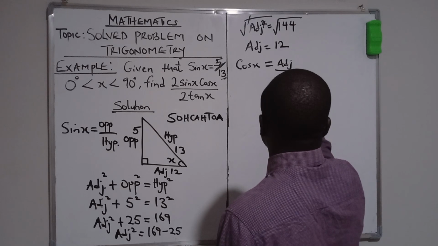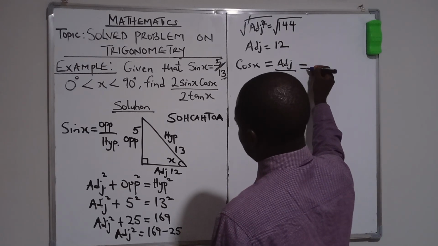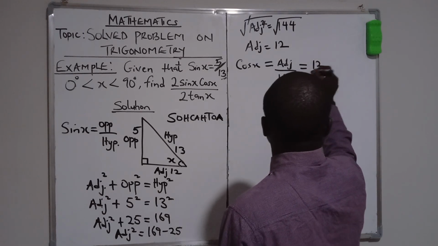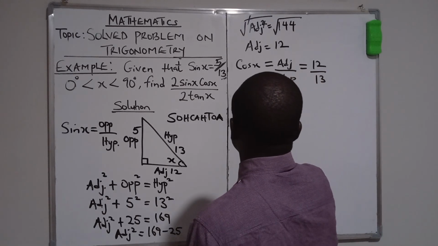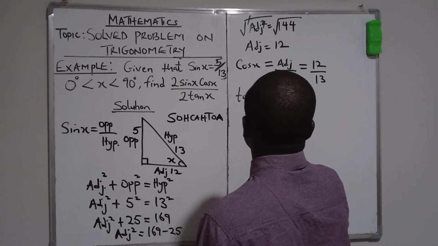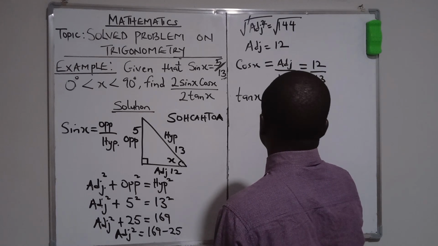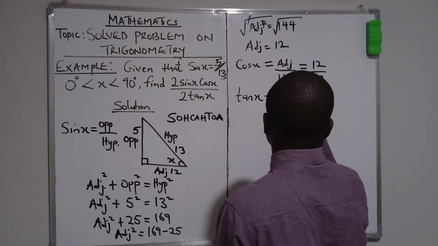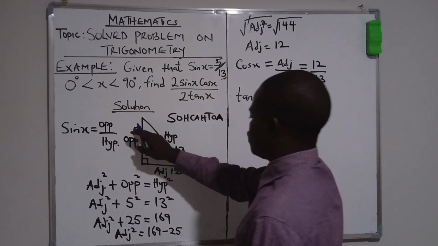The adjacent is 12, so it is 12 over 13. As for tan x, it equals opposite over adjacent. And the opposite is 5.